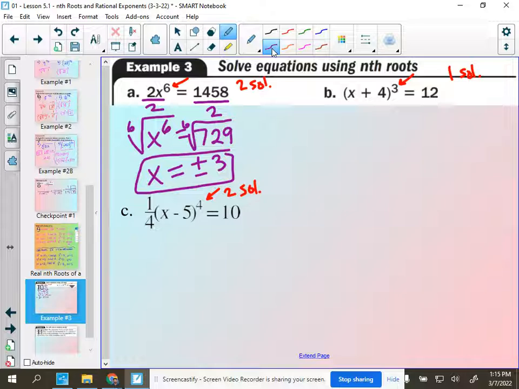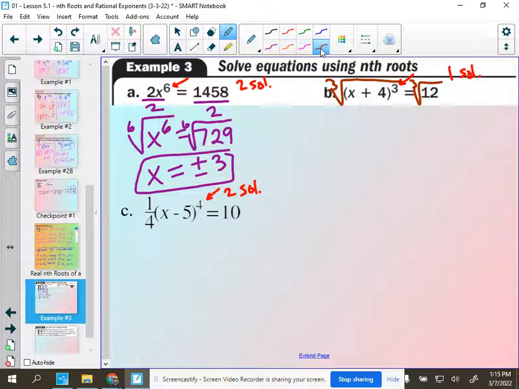All right. Part B, there's nothing to do besides, right away, we can undo this cube by cube rooting. And like I mentioned, we will have to get some decimal answers. We will talk about putting stuff in simplest radical form involving beyond square roots.